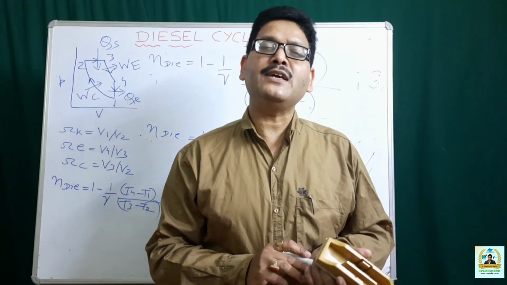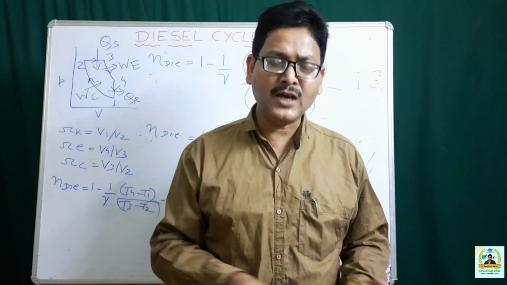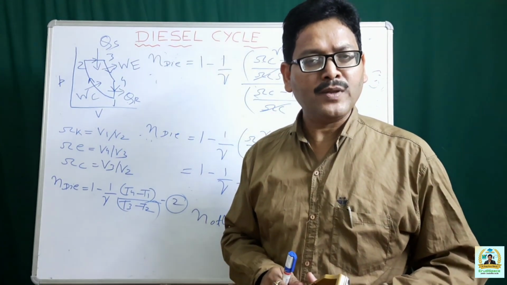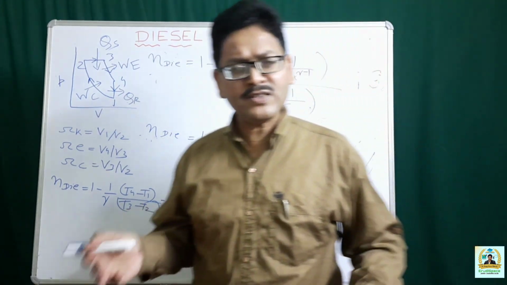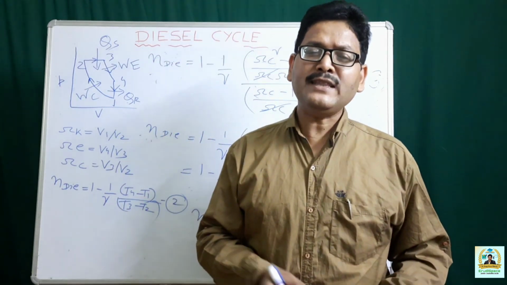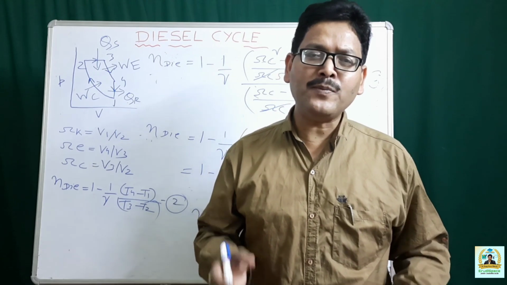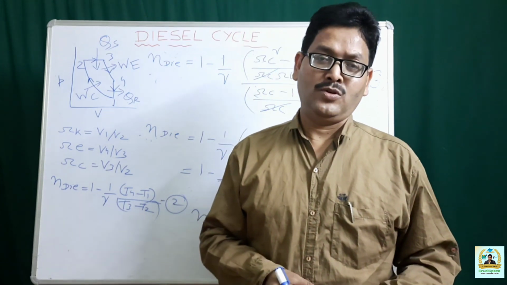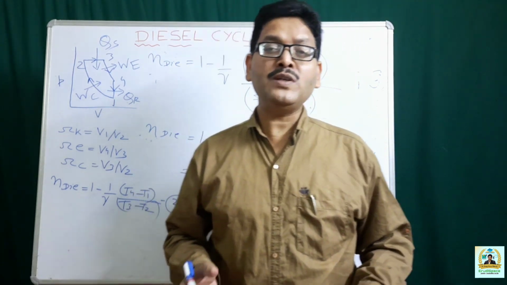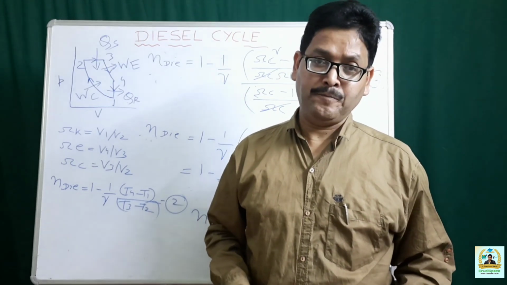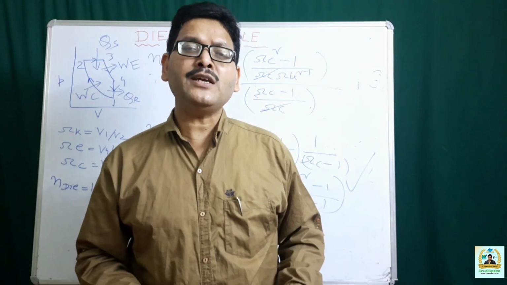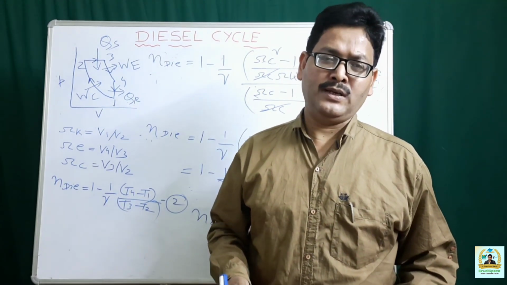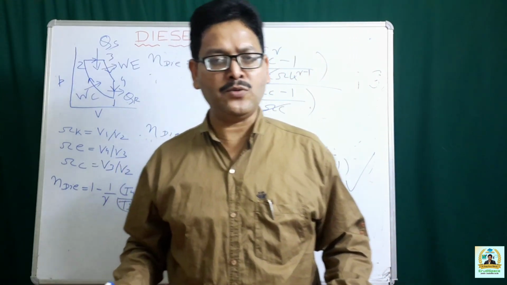But practically it doesn't have any significance, because in Diesel cycle we can achieve higher compression ratio compared to the Otto cycle. While discussing the Otto cycle, I have told you that there are limitations as far as the compression ratio is concerned, because very high compression ratio will lead to knocking or auto ignition, which is an undesirable thing. And the solution is to add tetraethyl lead, and due to the pollution it causes, it is almost being phased out.